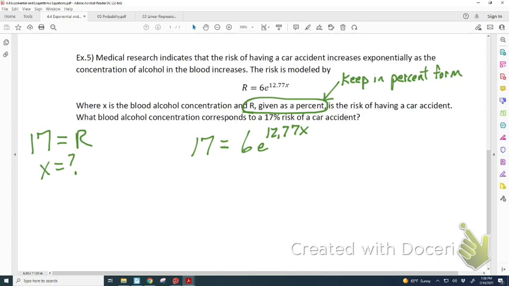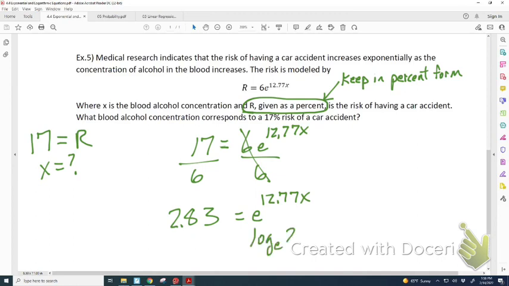Let's get rid of the 6 because I need to isolate the e. And we get a repeating decimal of 3. Put it into log form. Which, remember, log e is the same as natural log.